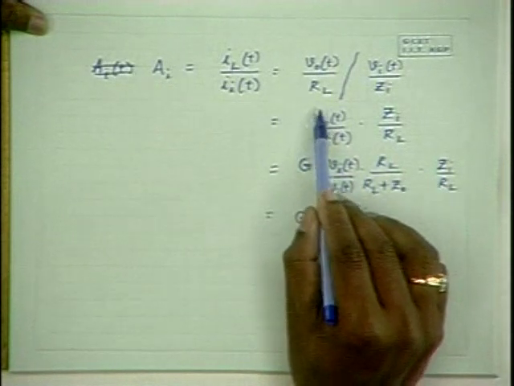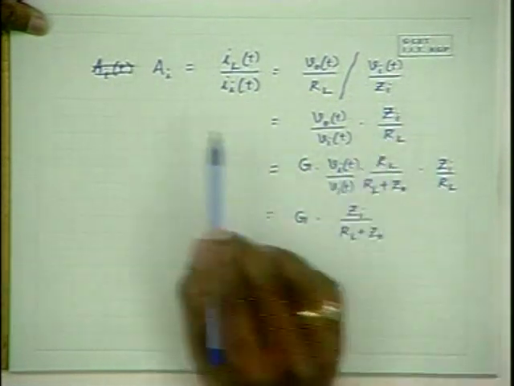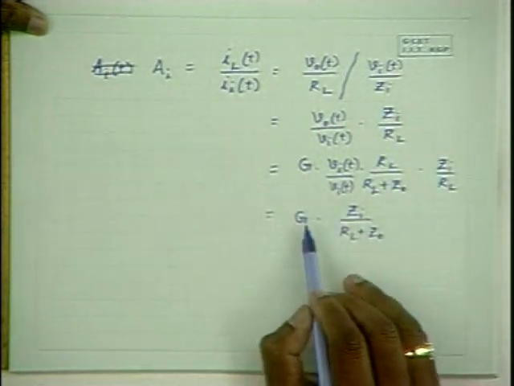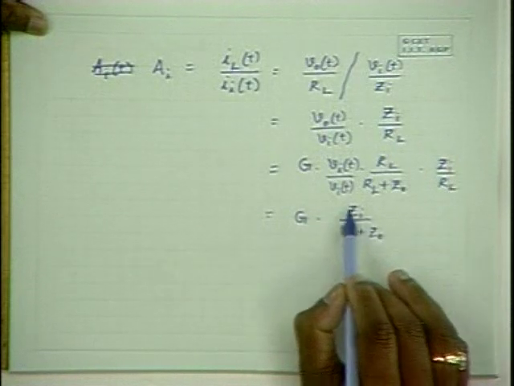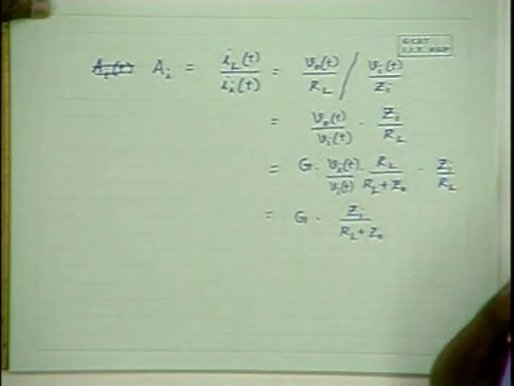If the gain under loaded condition is given, then this multiplied by Zi by RL gives you the current gain, and the same thing is equal to gain under no loaded condition into Zi by RL. Is it clear?